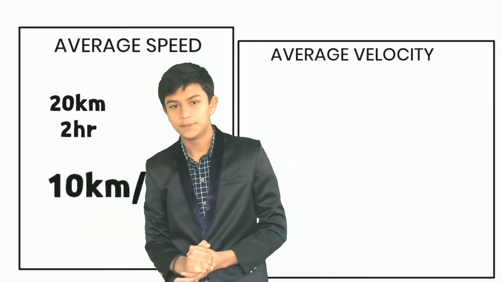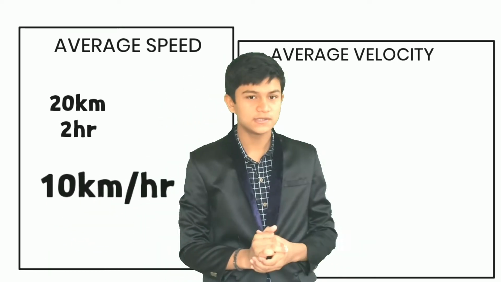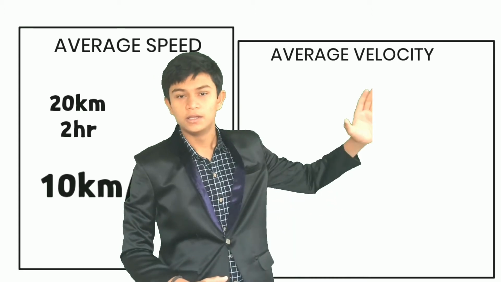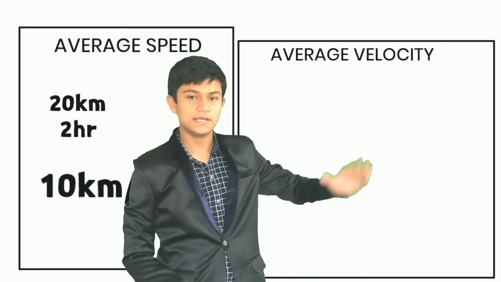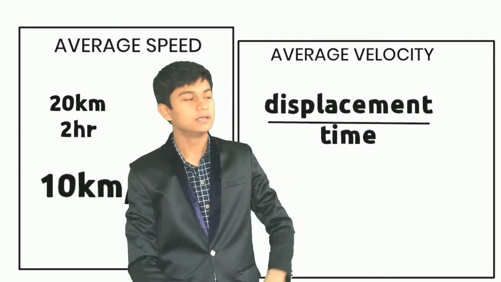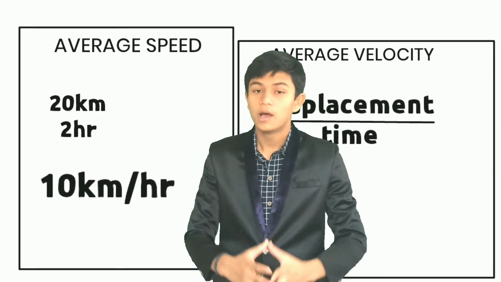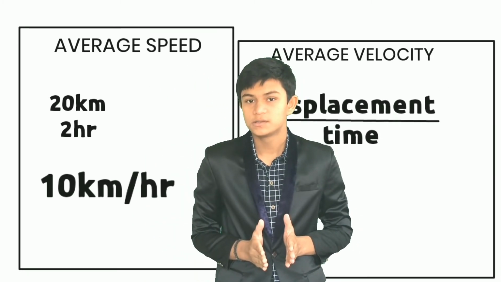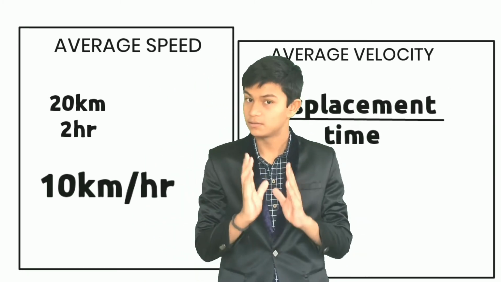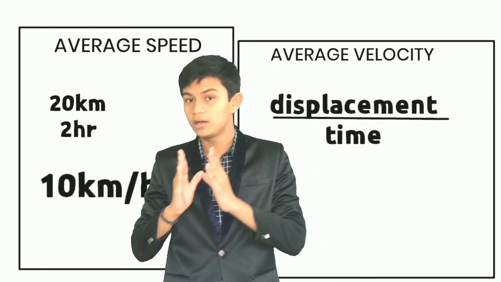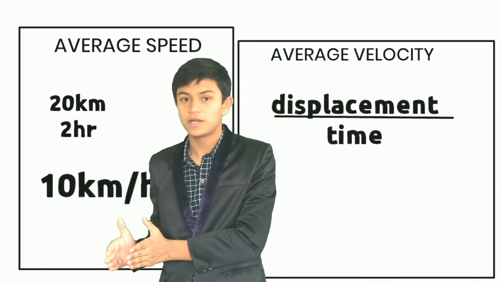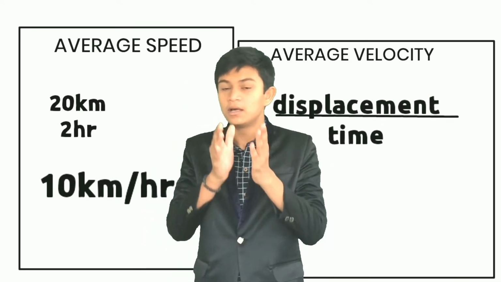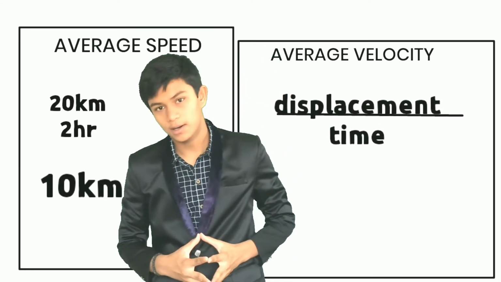10 kilometers per hour. For average velocity, the formula is displacement by time. Displacement is 20 kilometers, traveled in the north direction, and the time taken is 2 hours.